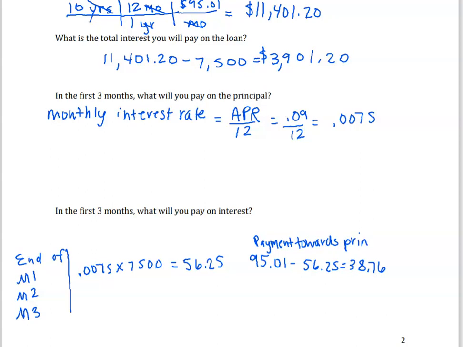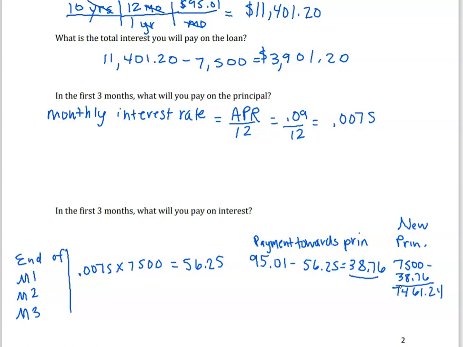Now what we have is our new principal, because we have managed to pay some of it down. We started out with $7,500, and we subtract off this $38.76. So now we have a new principal of $7,461.24.